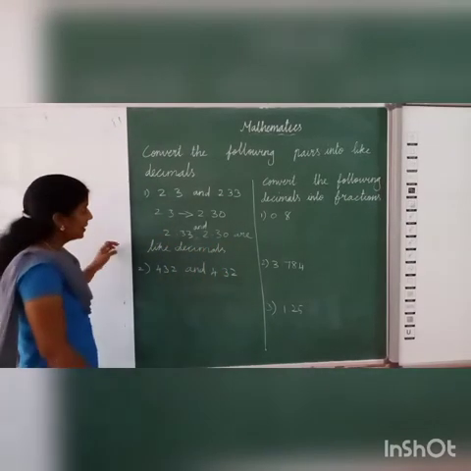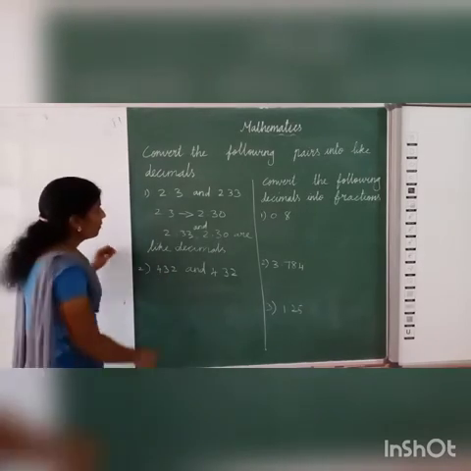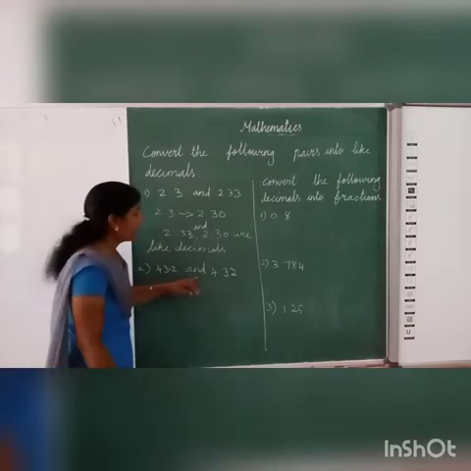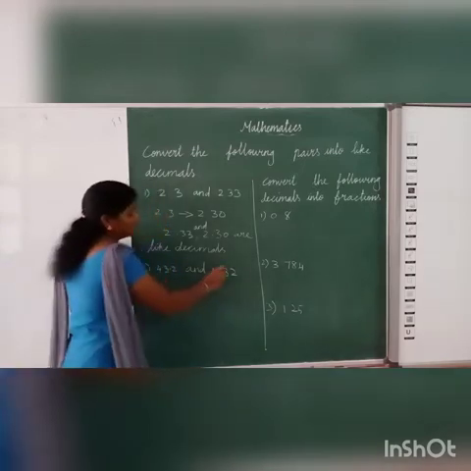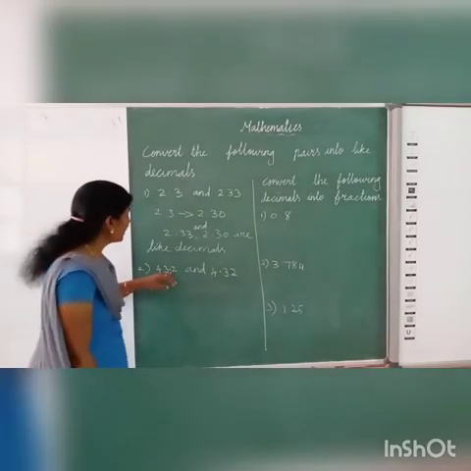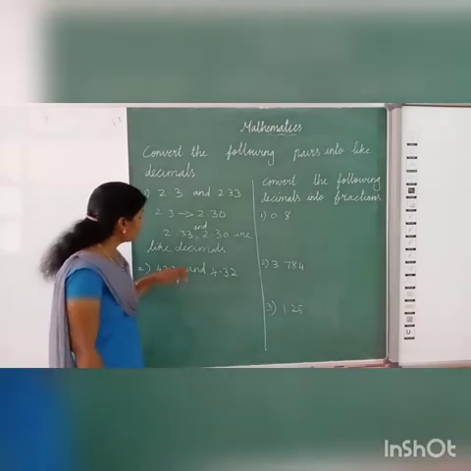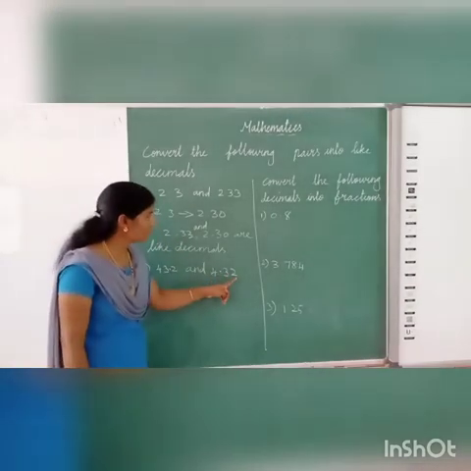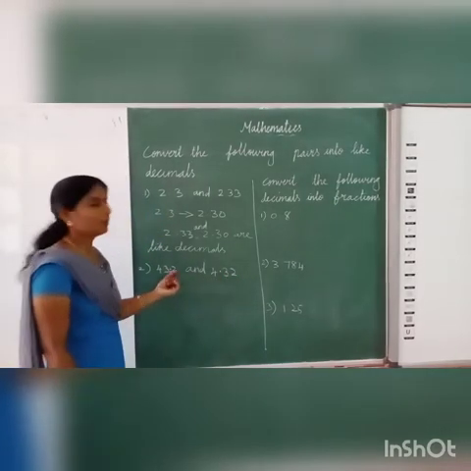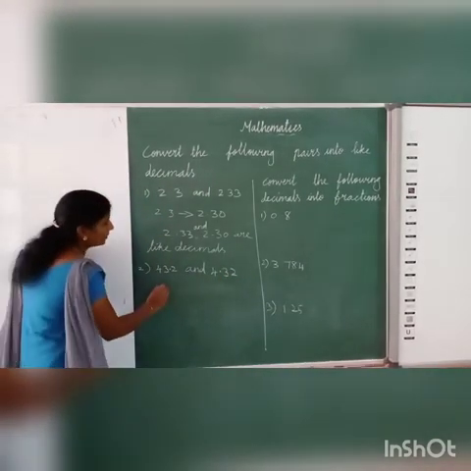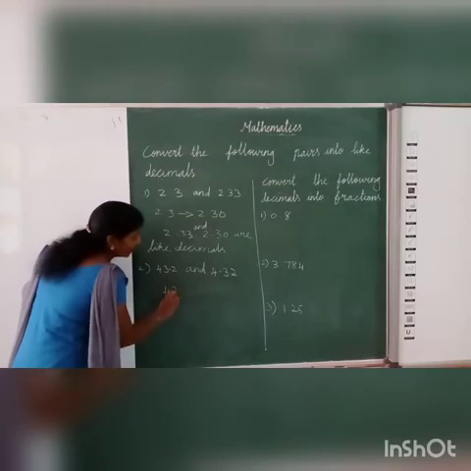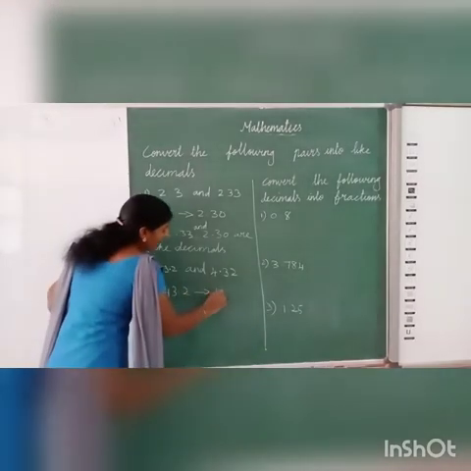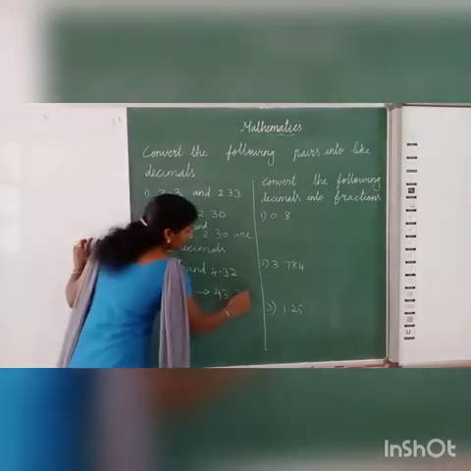Clear? Okay, now here 43.2 and 4.32. After the point we have only 1 digit here, and here in 4.32 we have 2 digits. So to convert into like decimals, we can add one more 0 to 43.2, isn't it? 43.20.